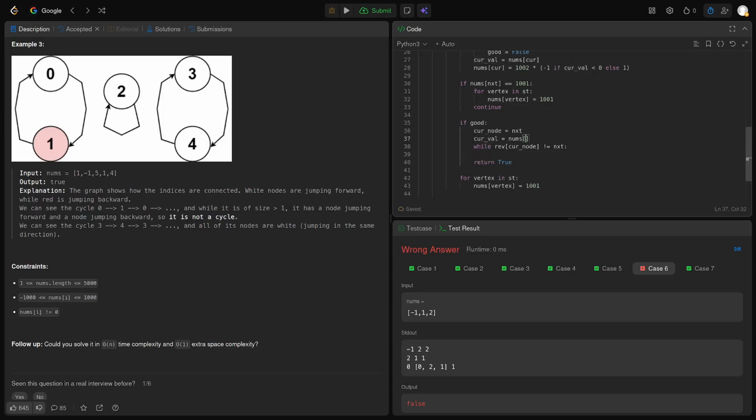So our current value is equal to nums current, and then what? Then what?